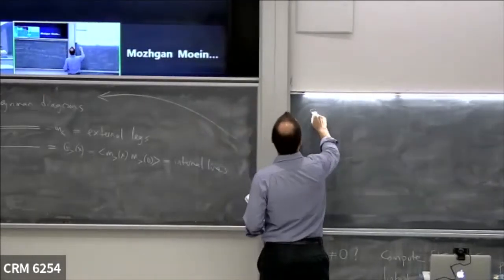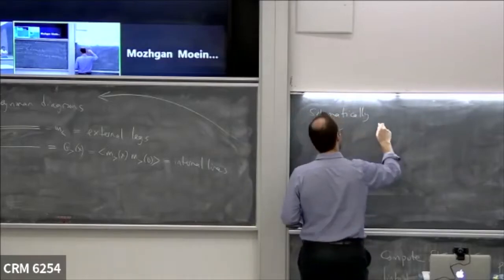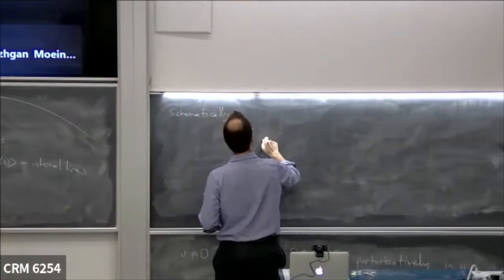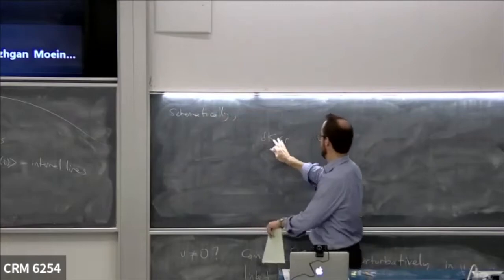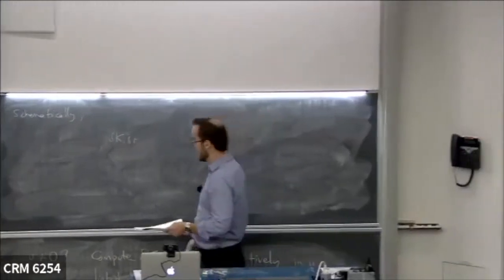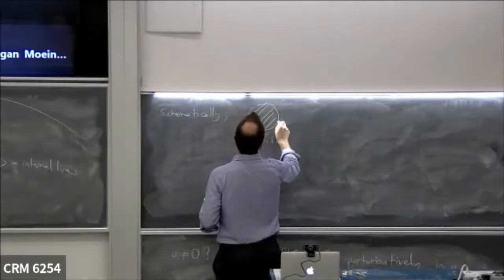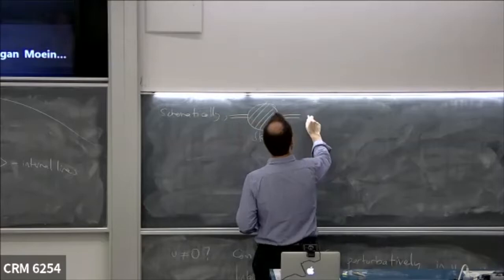Schematically, we're interested in corrections delta K and delta r. These sit inside the quadratic part of the action, so this is basically computing corrections to the 2-point function of the slow fields.